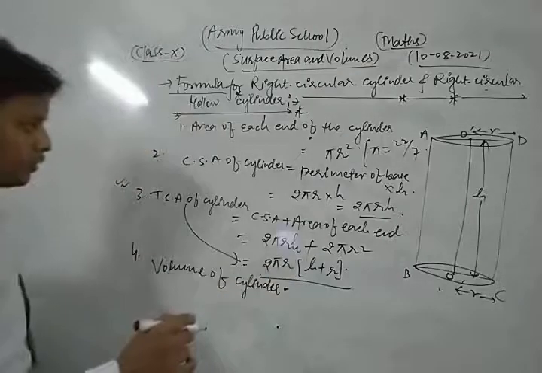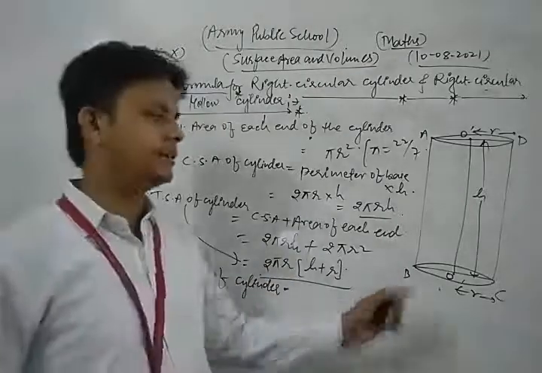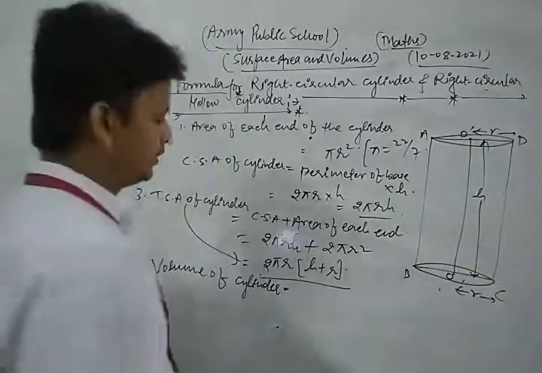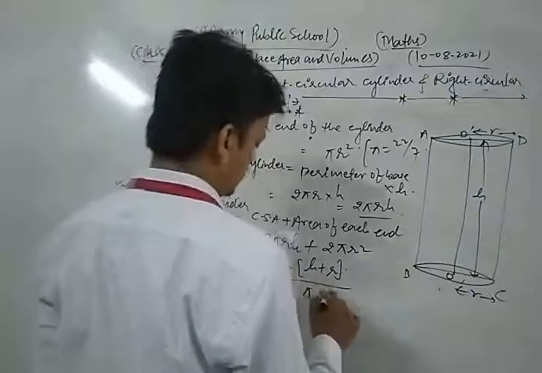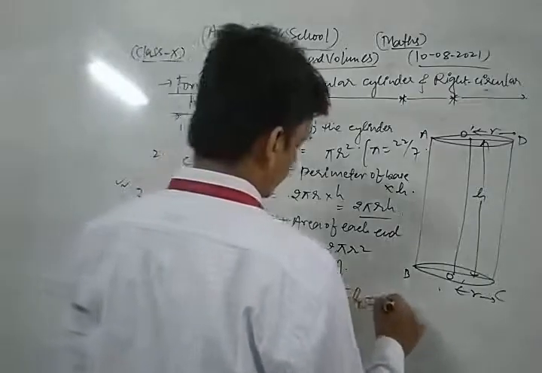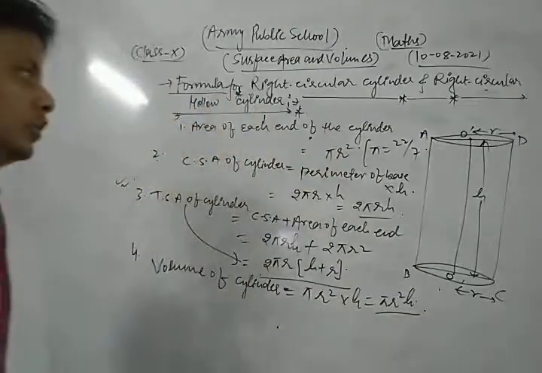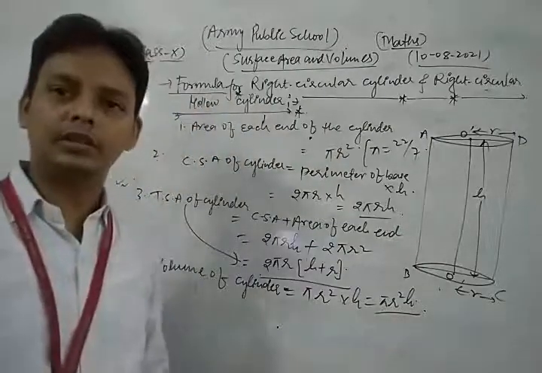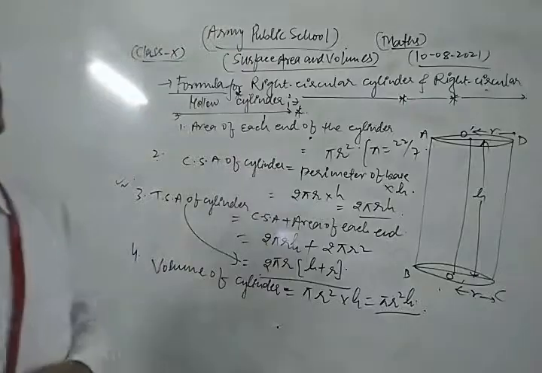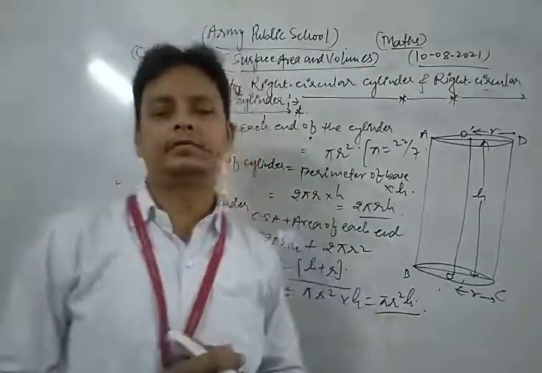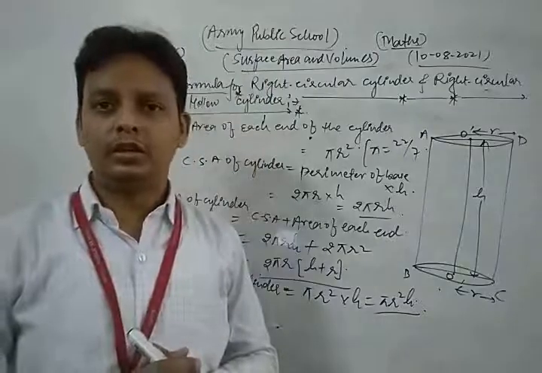The concept of volume of cylinder is what? Area of base into height. Area of base is what? Pi r square into h. So pi r square h. So these are all the important formulas of right circular cylinder.